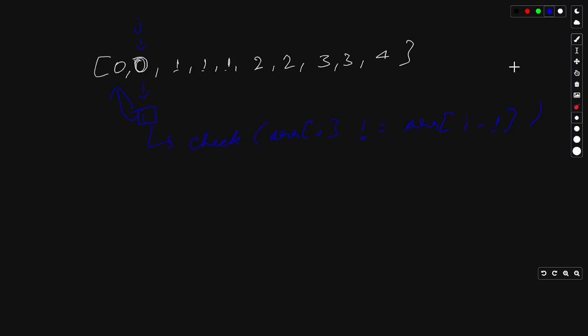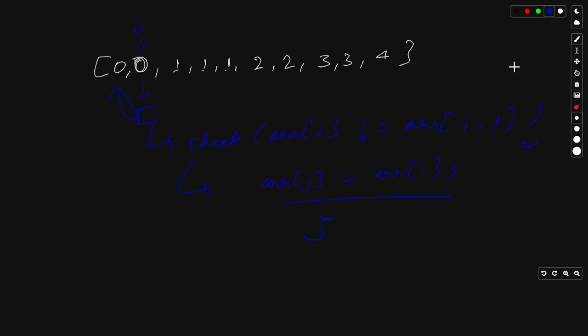So if we see an element which is not equal to the previous element, then we will update arr of J to arr of I.